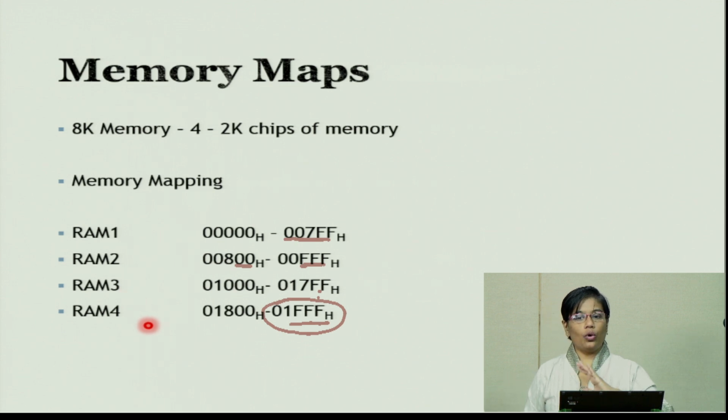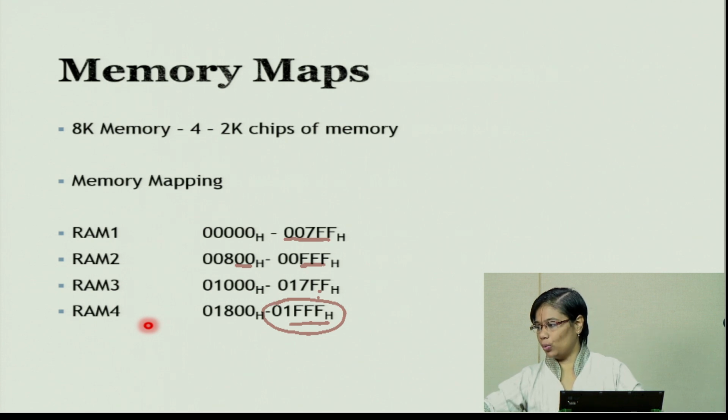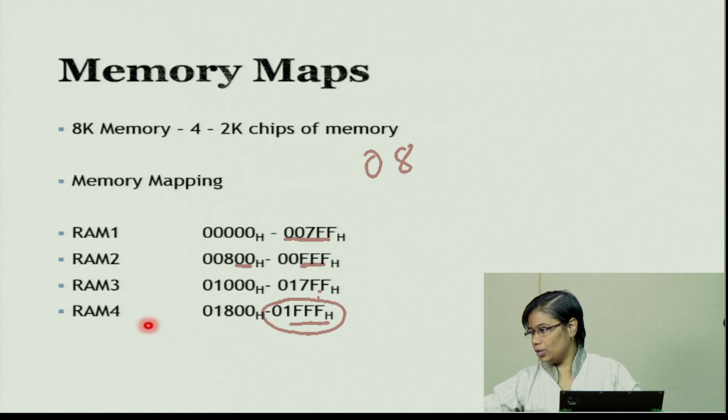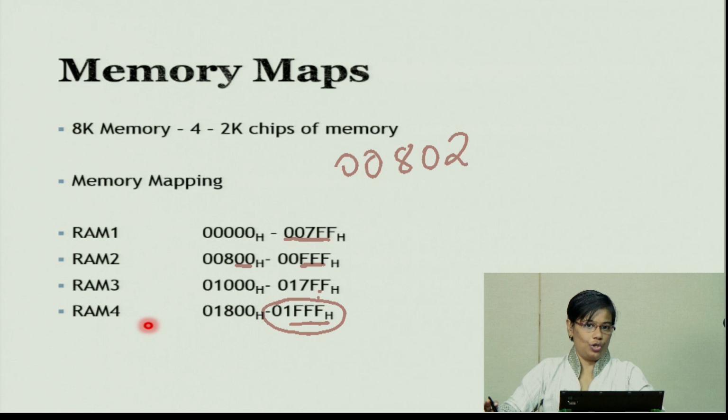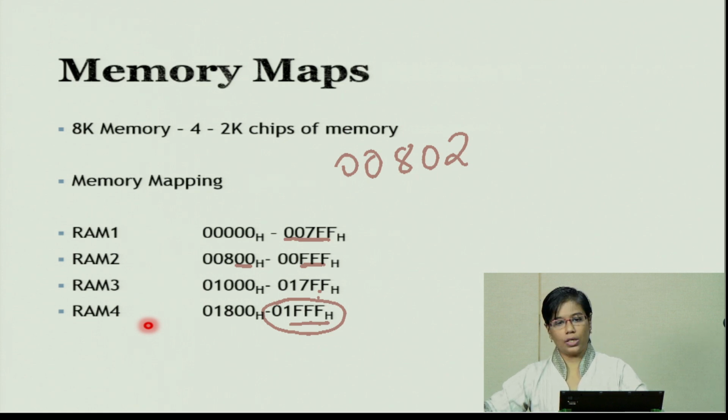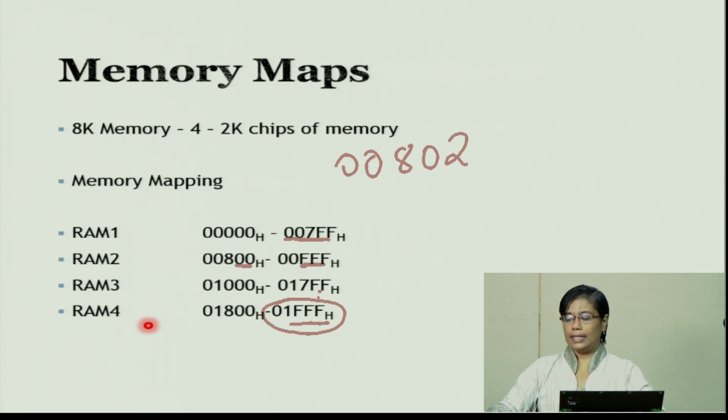Now whenever you access memory, let's say you are going to access the address 00802. When you access memory at this location, the RAM chip that must be selected is RAM2, and from RAM2 you read data from that location.